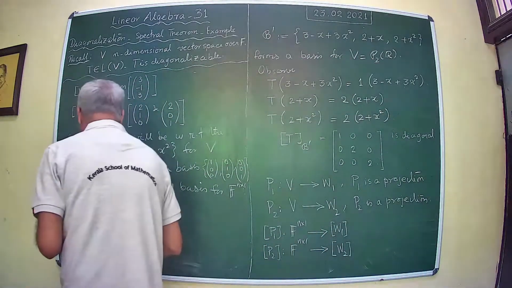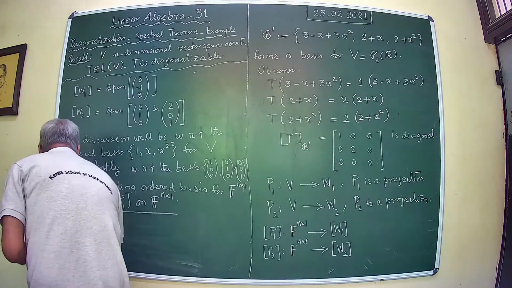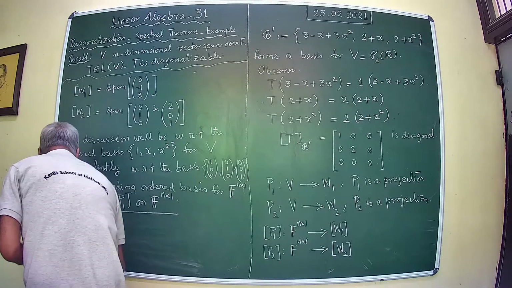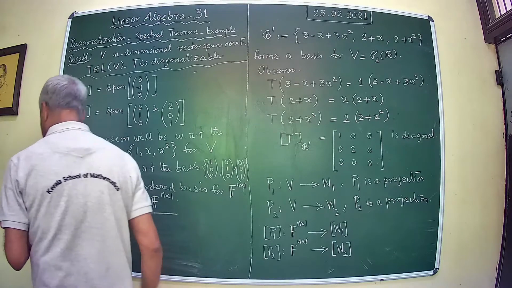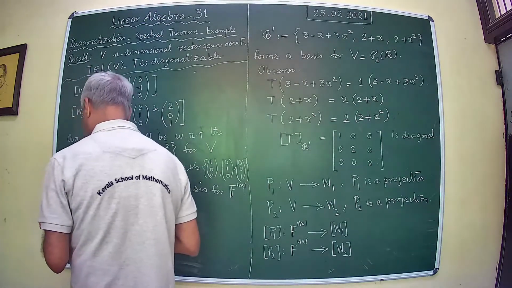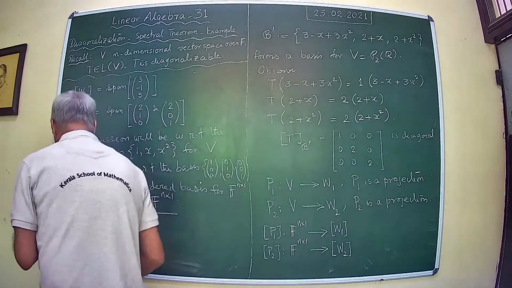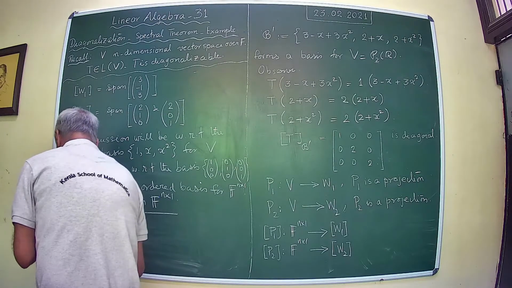So you can write, this is easy to compute, this is equal to -1 times (3, -1, 3) plus -1 times (2, 1, 0) plus 3 times (2, 0, 1).